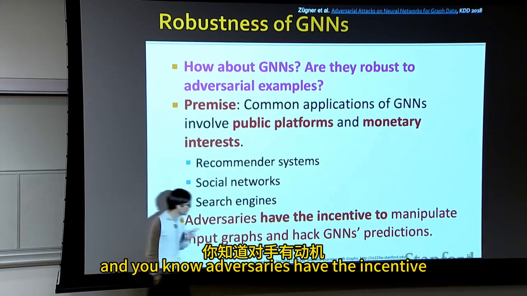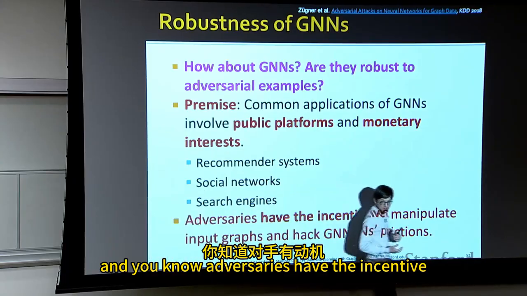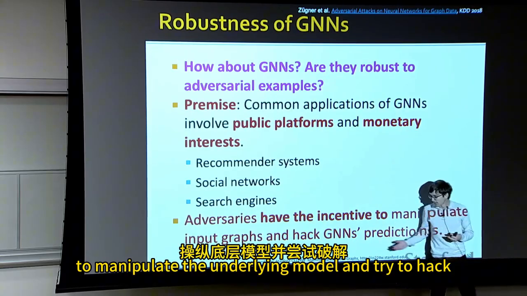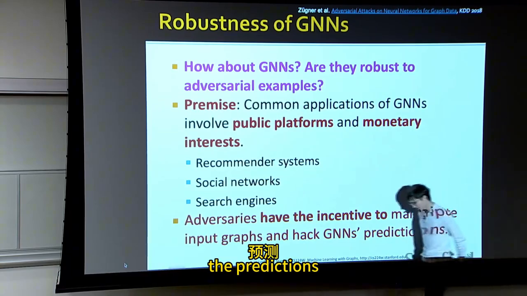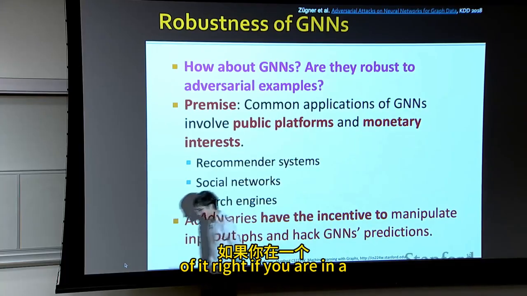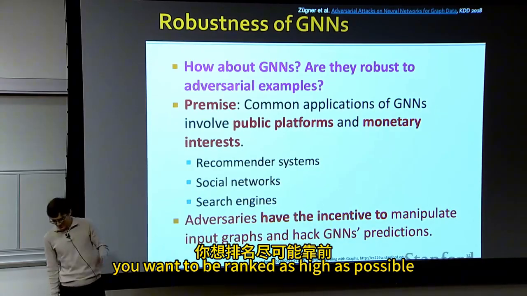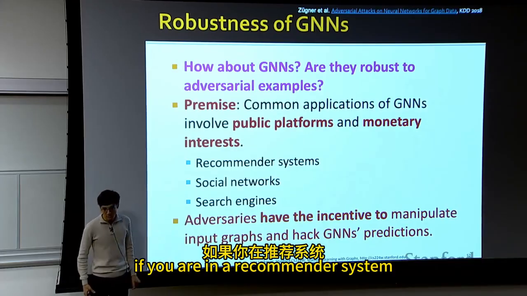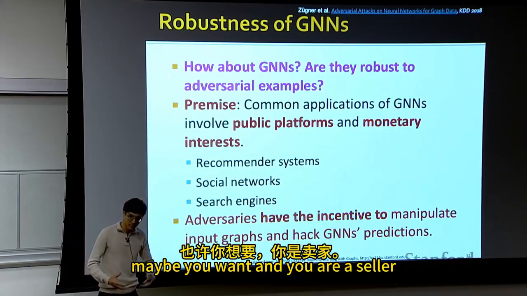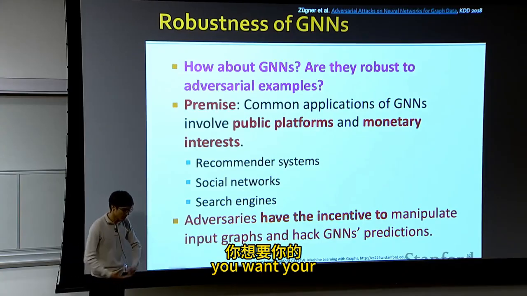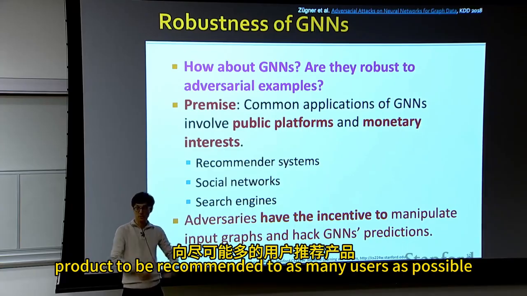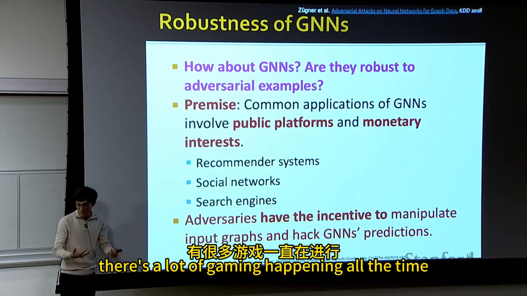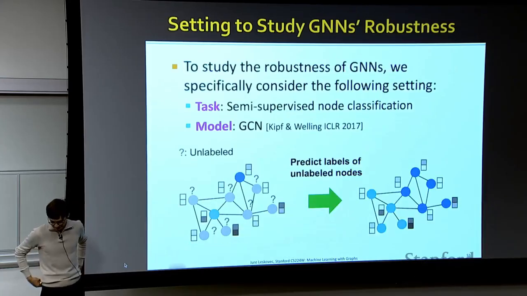And adversaries have the incentive to manipulate the underlying model and try to hack its predictions, right? If you are in a search engine, you want to be ranked as high as possible. If you are in a recommender system, maybe you are a seller, you want your product to be recommended to as many users as possible, so you get more sales. There's a lot of gaming happening all the time.